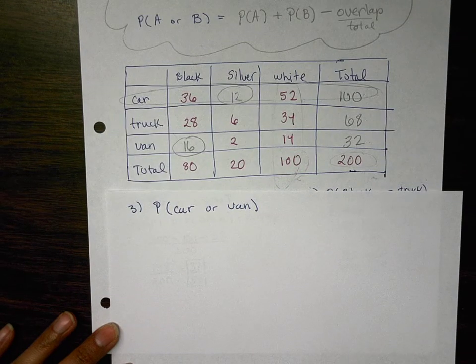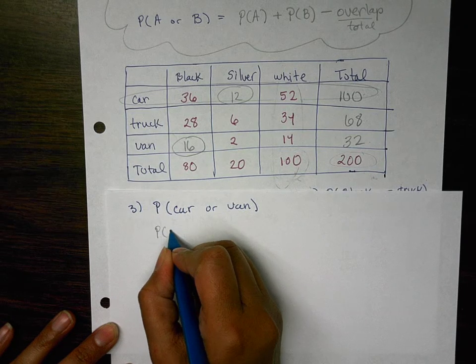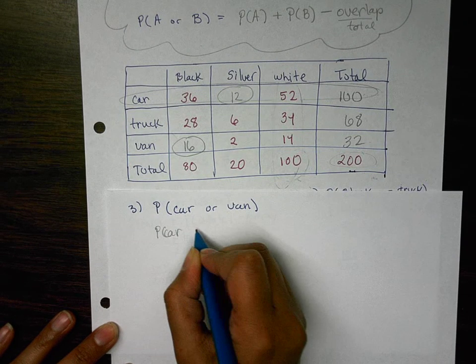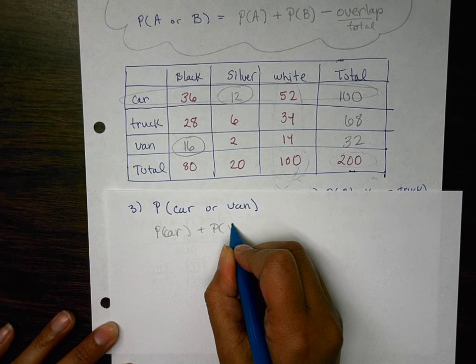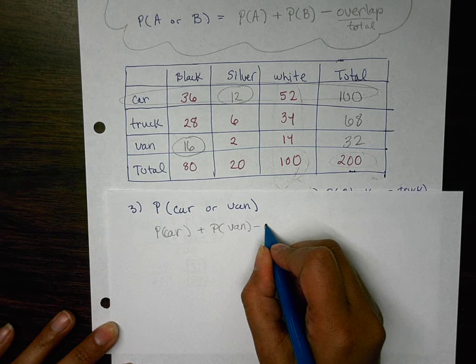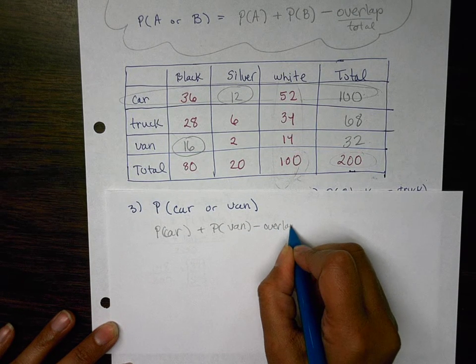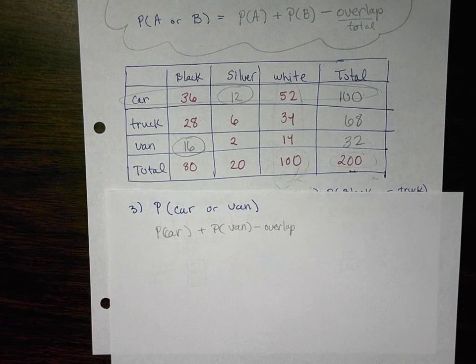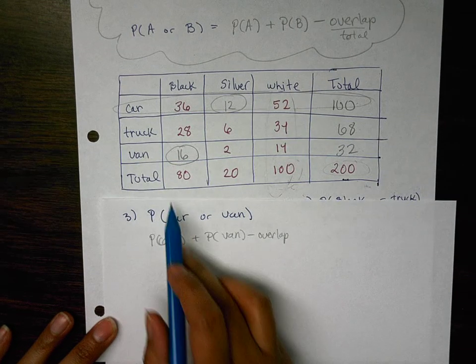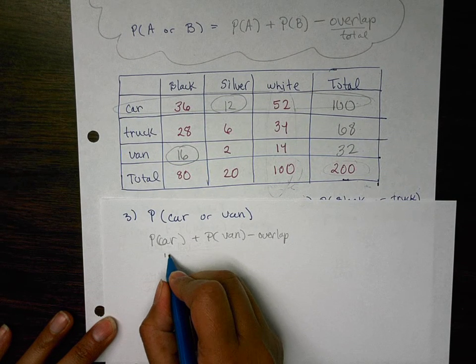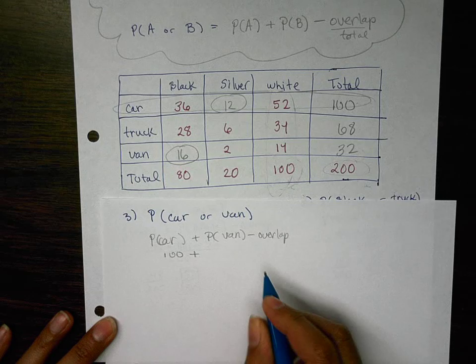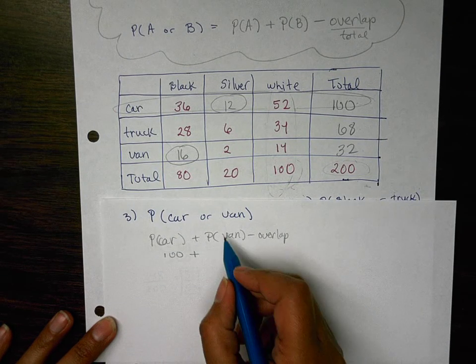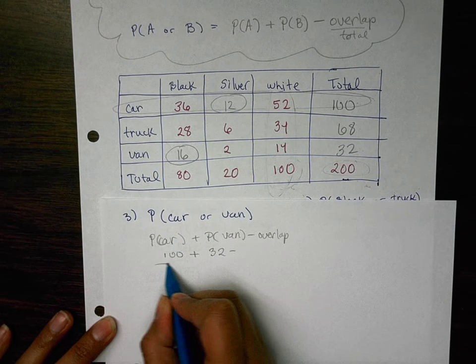Okay, so probability it is a car plus the probability it is a van minus the overlap. Okay, all right. So how many cars do I have total? 100. Plus, how many vans do I have total? Minus, and it's going to be all over 200.